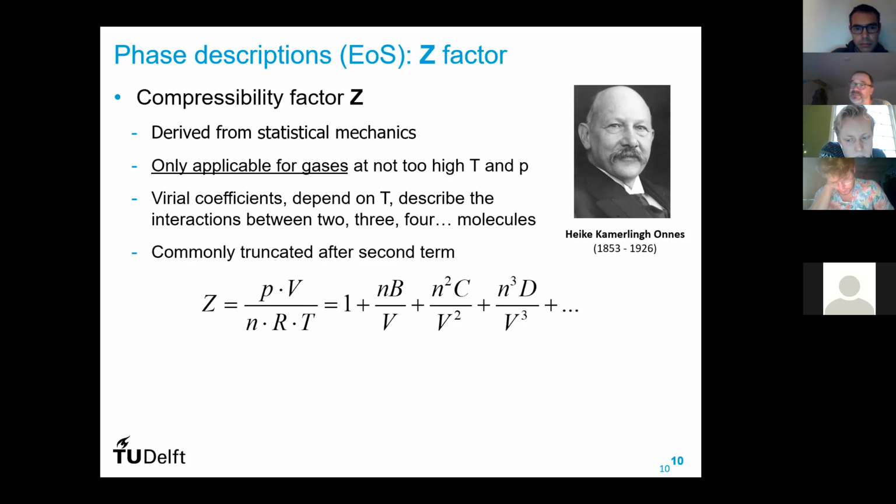But in reality, it's 3, 4, and infinite. It's just that these other interactions are much weaker, so you can ignore them.